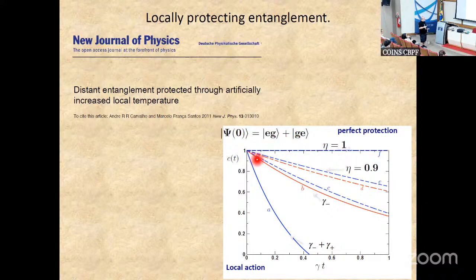And here is what I get if I lose some clicks. So, for example, if my detection efficiency is 0.9, I still get much better than the master equation solution. Okay, so this is an example of a quantum optical way to actually locally protect entanglement from spontaneous emission.